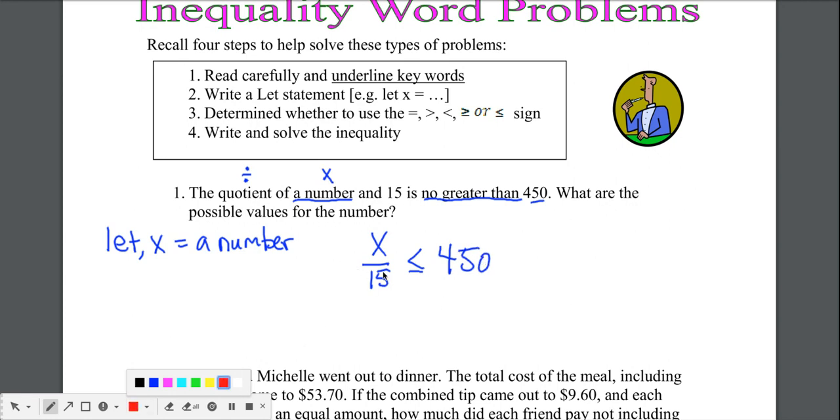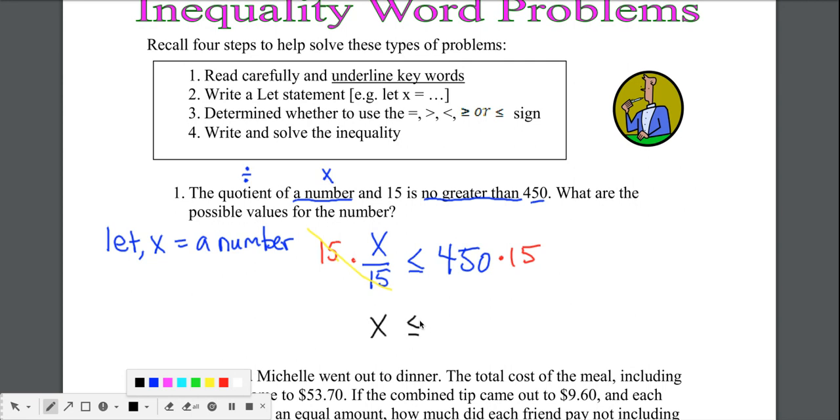Okay. Now we're going to solve it. So solving means work backwards. Instead of dividing by 15, you're going to multiply by 15 on both sides, right, like this. That allows me to cross these out and rewrite it. And we're going to have X. We did not multiply by a negative number, so keep the inequality facing the same way.